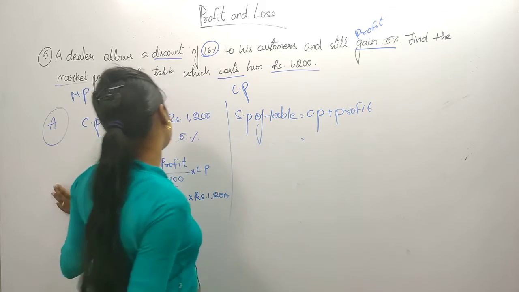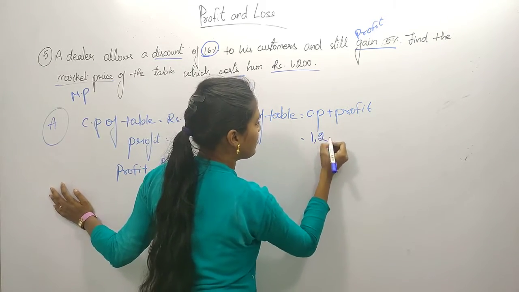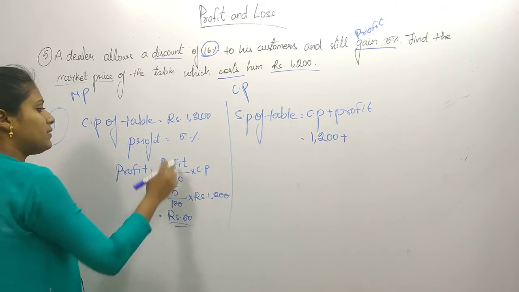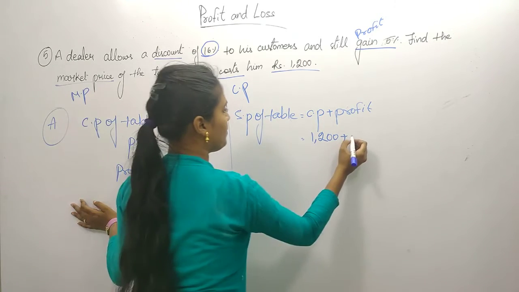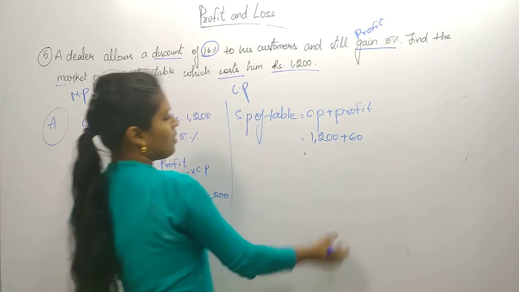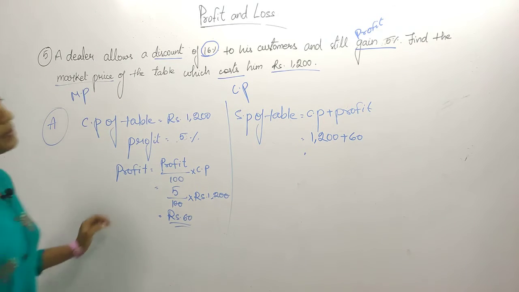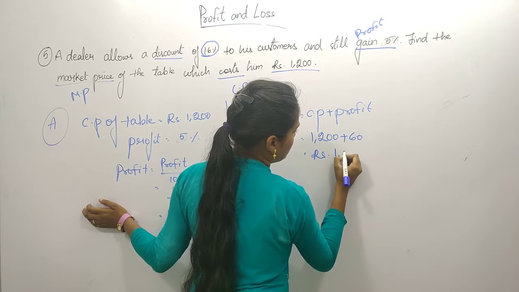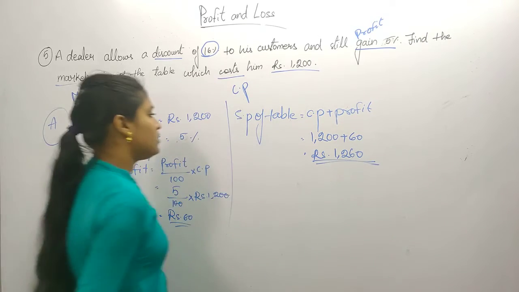Cost price is 1,200 plus profit 60. By adding these both, the answer is 1,260 rupees. This is the selling price we got.